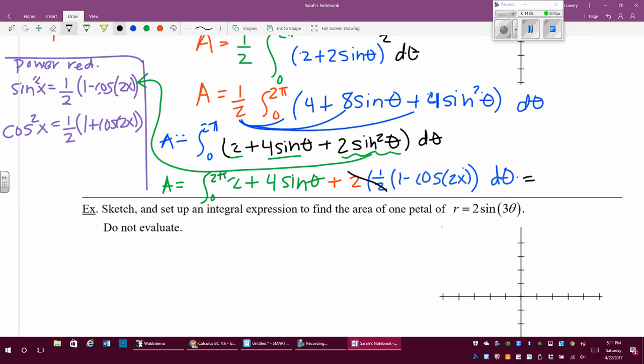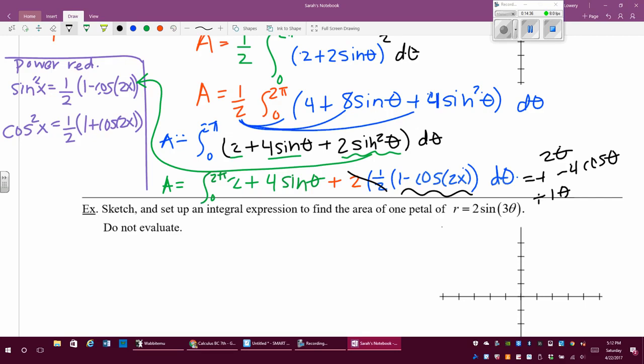So the antiderivative of 2 is going to in fact be 2 theta. The antiderivative of 4 sine theta is going to be negative 4 cosine theta. And then the antiderivative of this is going to be another plus 1 theta.